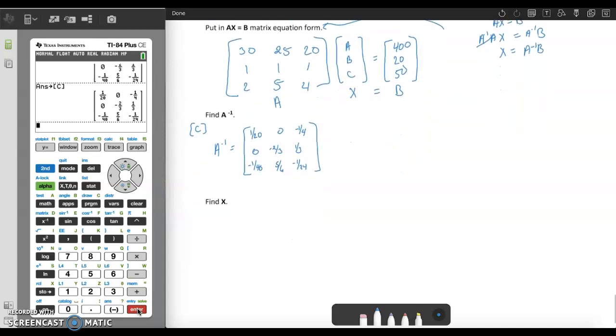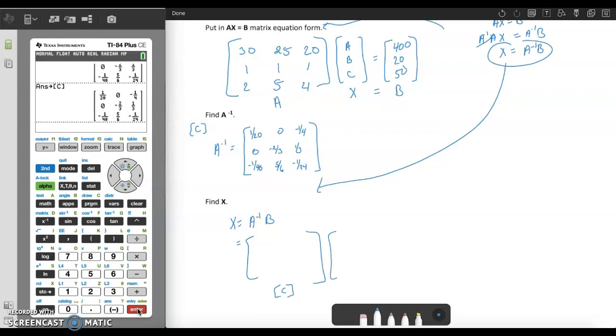So now what I need to do in order to find X is X equals A inverse times B. So I'm going to take this A inverse matrix, the one I have saved in C, and multiply it by the B matrix, which is the 420/50 column, and that is matrix B in my calculator. So I'm just going to solve the rest of this on my calculator.